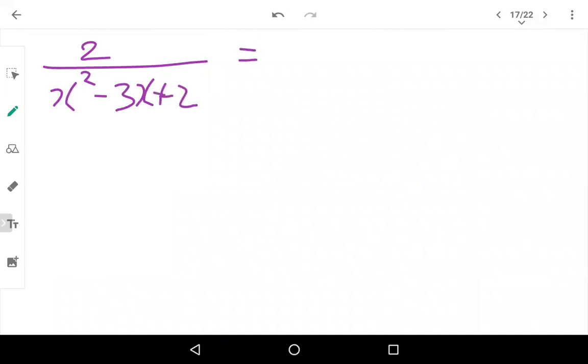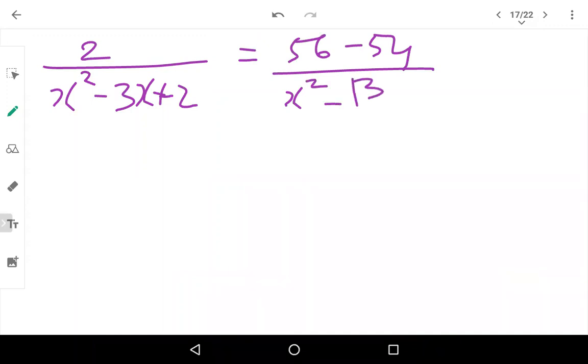On the right hand side, we have 56 minus 54 divided by x square minus 13x plus 42. Here 56 minus 54 is also 2, right?